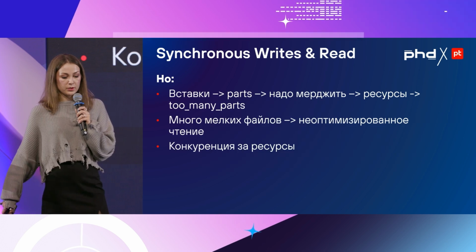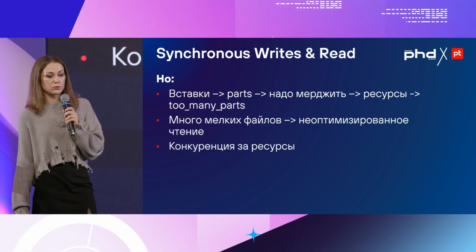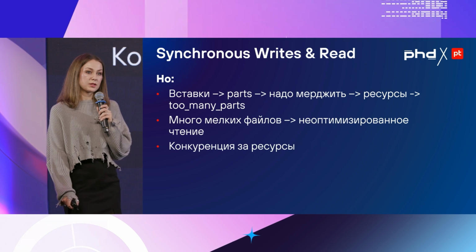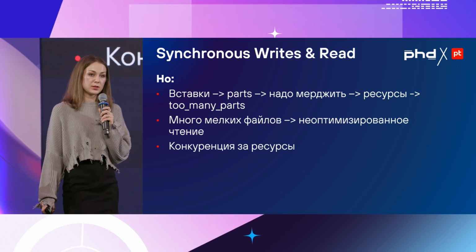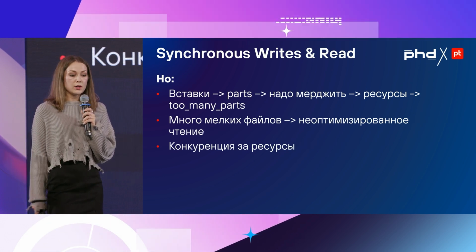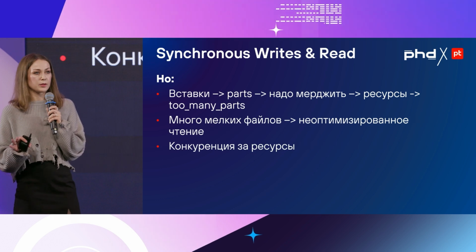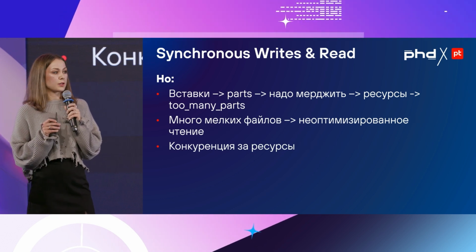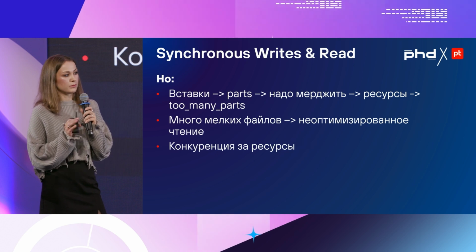And if we have a lot of inserts, then we can run into an error, which means that in each partition of the table there are too many active parts, and this is what you get when there are 300.